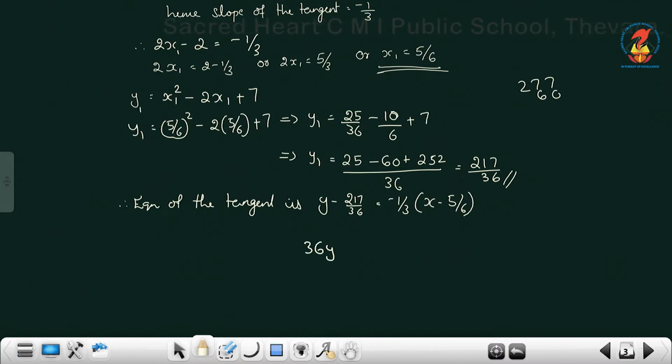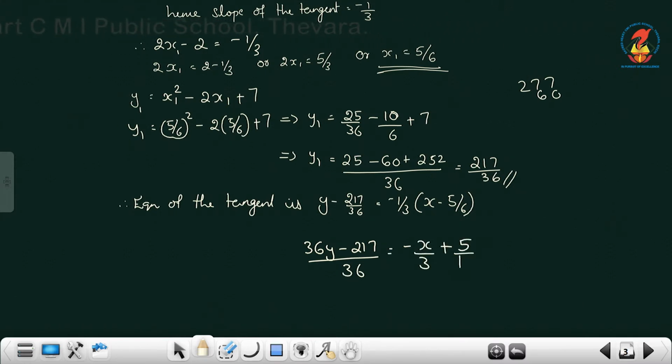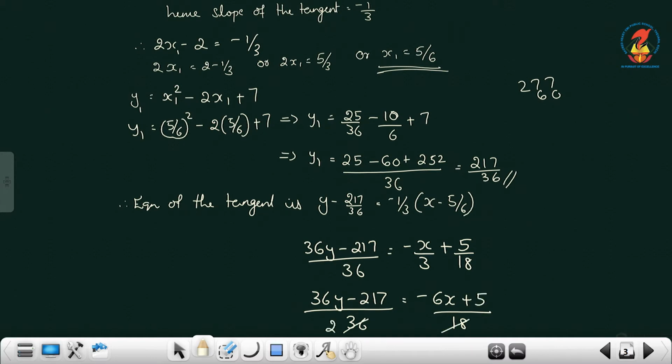So, y minus 217 by 36 is equal to minus x by 3 plus 5 by 18, or y minus 217 by 36. Here 18 is the LCM, minus 6x plus 5. 36 and 18 cancel, 2.